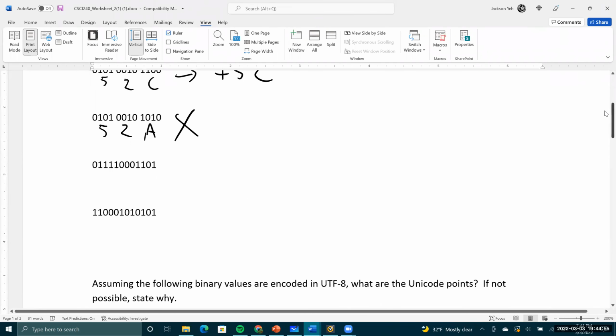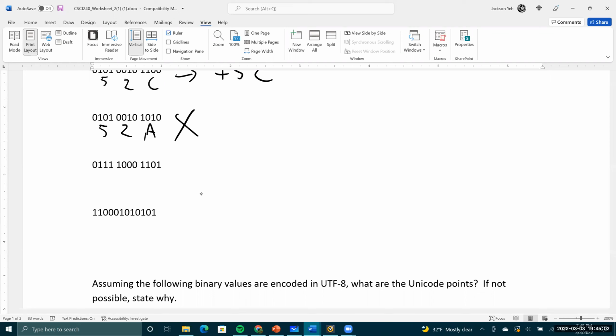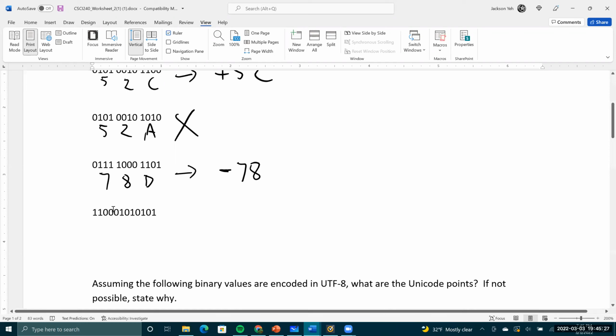All right, next. We have 7, 8, D. So what's this value here? Guys, anybody, what's the value here? Negative 78. Exactly, D represents negative, so this is negative 78. All right, last one.